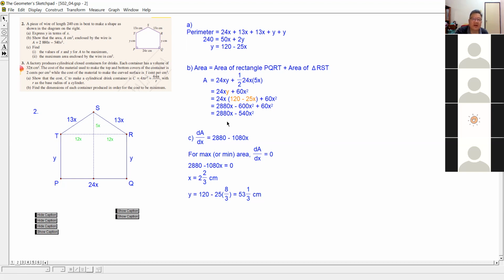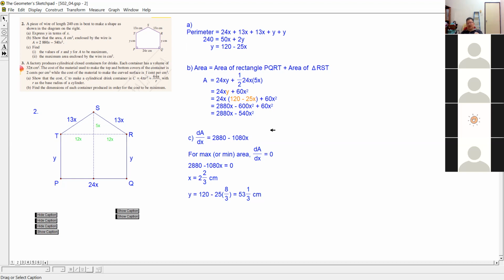2280x, differentiate with respect to x, you have 2280. 540x squared, you differentiate, you bring down the 2, 1080x. Very simple, right? So again, for maximum or minimum value of the area, dA/dx is 0.